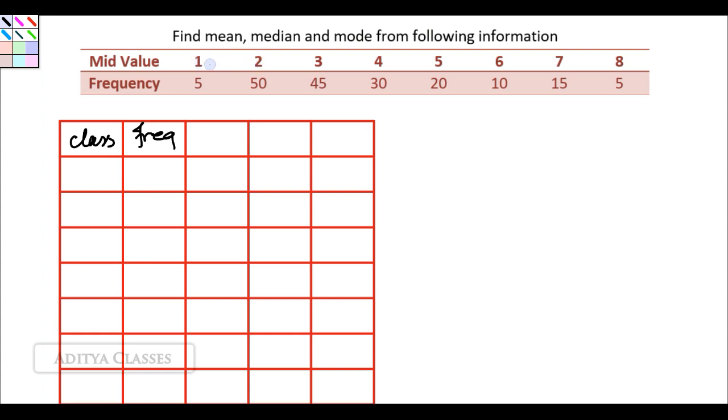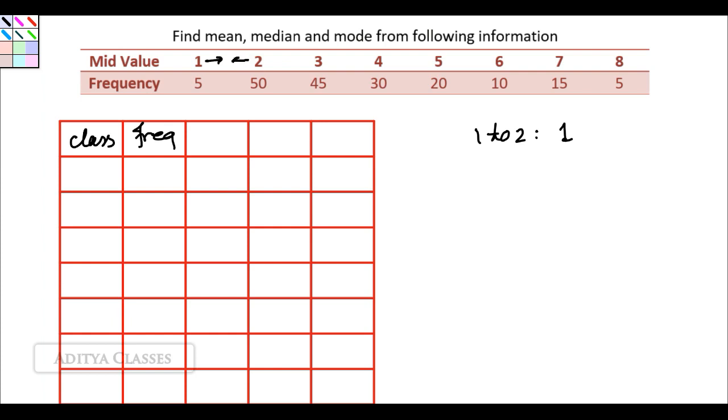We'll start with second section. So 1 to 2. 1, 2, 2. There is a gap of 1. Now what we'll do is we'll extend this 1 a bit further.